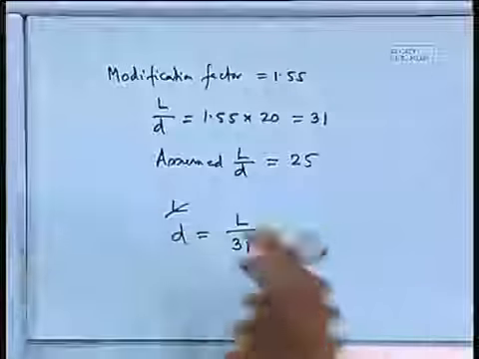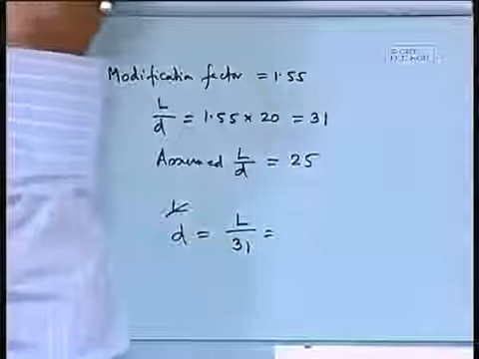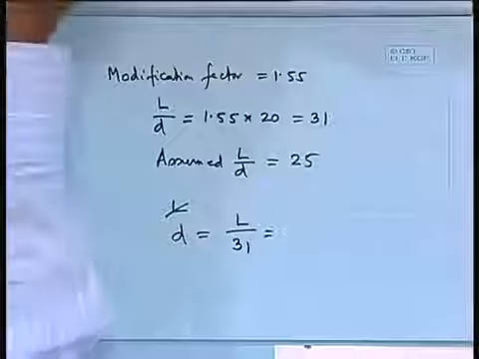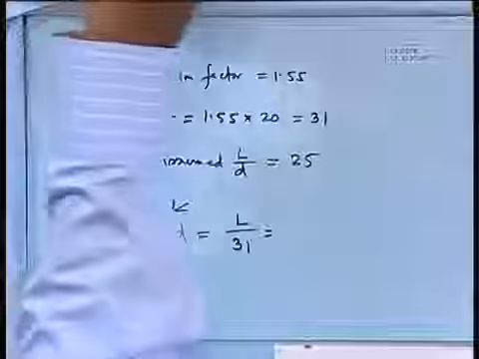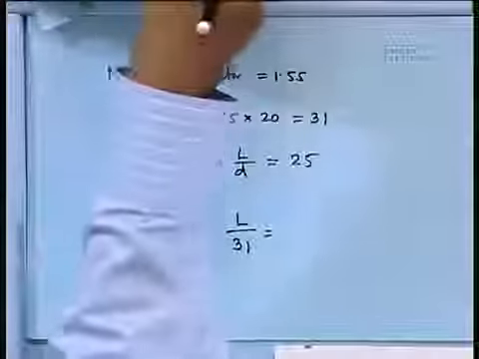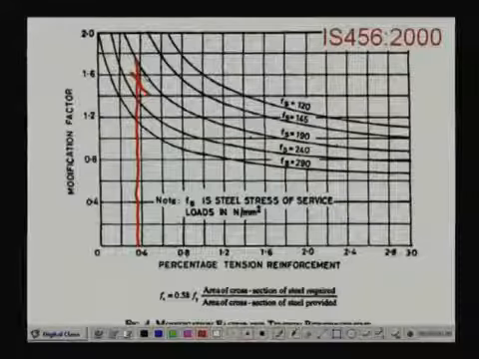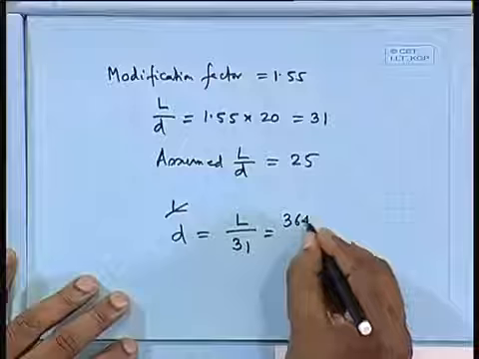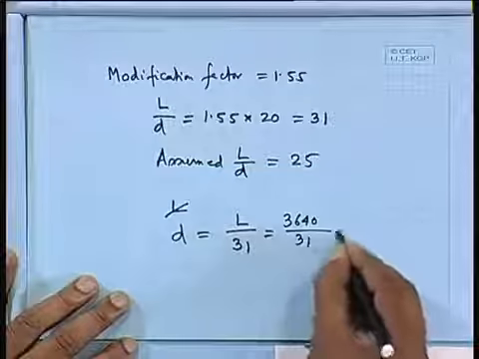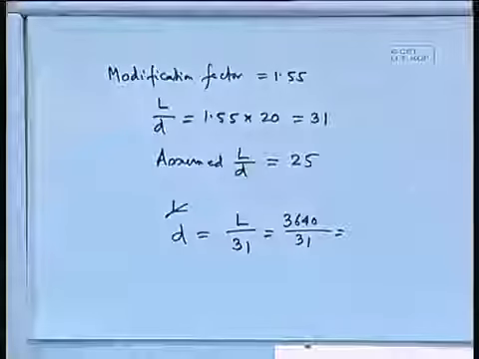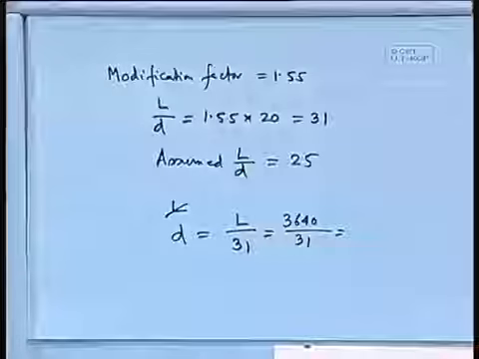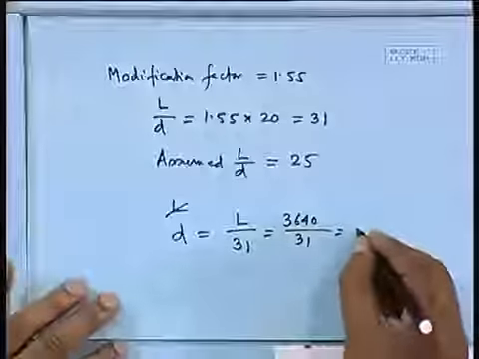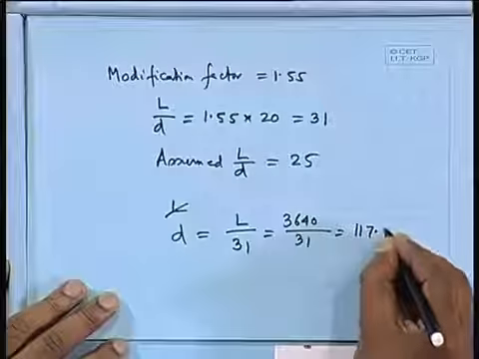So we can come back to the effective span, 3.64. So 3640 divided by 31 comes as 117.42.